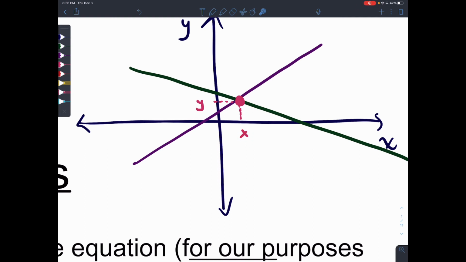This is the x value of this intersection point. So at x equals 2, I will be getting the same y value for both the purple line and for the green line. It doesn't really matter which equation I put it in because I'm using the value of x equals 2. These two lines will only be giving me the same y value at this particular x value.